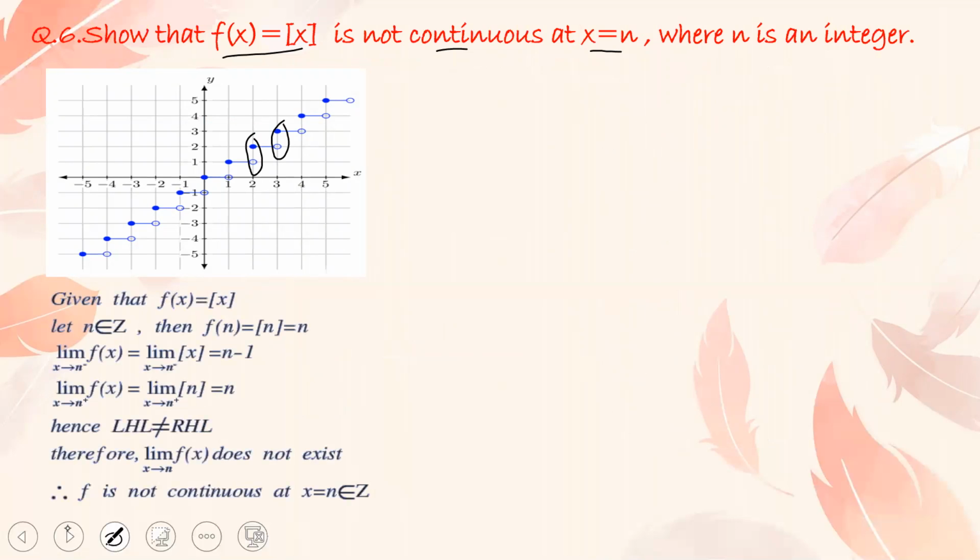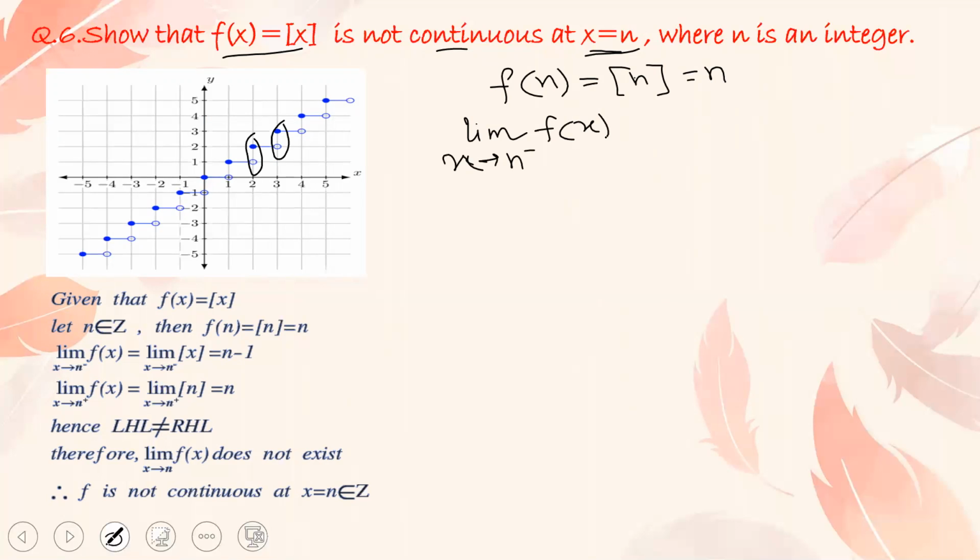Now check the function is continuous or not at x equals to n. So for that, functional value. For any integer, the value of the box function will be same. Now check for the left hand limit, x tends to n minus f of x.